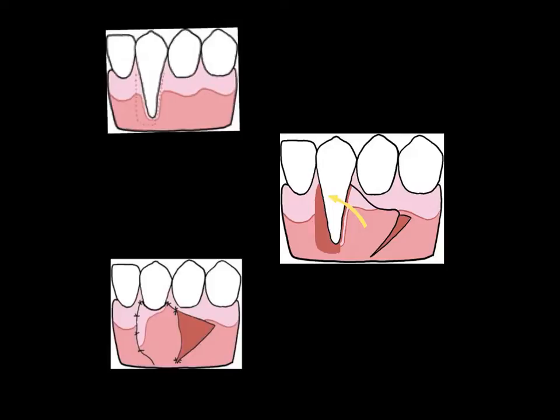There are three main types of periodontal plastic surgery procedures described in the literature to treat recession defect. These include pedicle flap, free graft, and guided tissue regeneration.